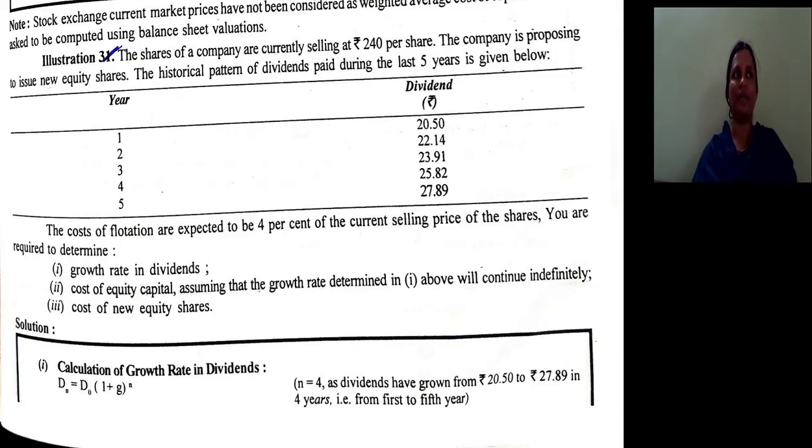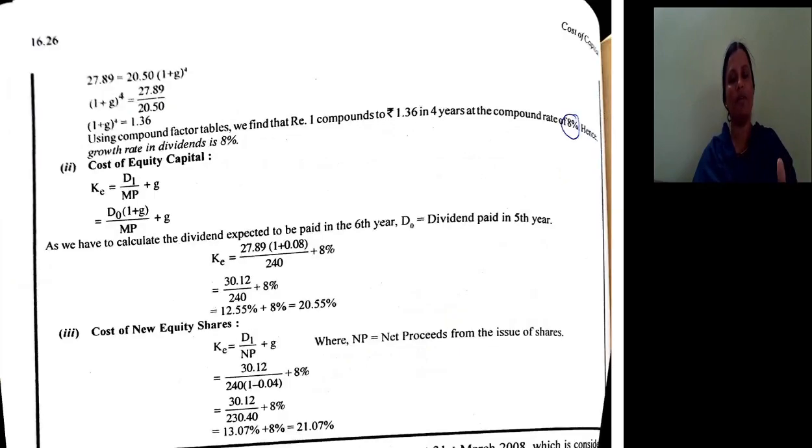So we know how to calculate dividend during the current year: D1 is equal to D0 into (1 plus g), in case you have only the previous year's dividend. If you have many previous years' dividends, D1 is equal to D0 into (1 plus g) to the power n.